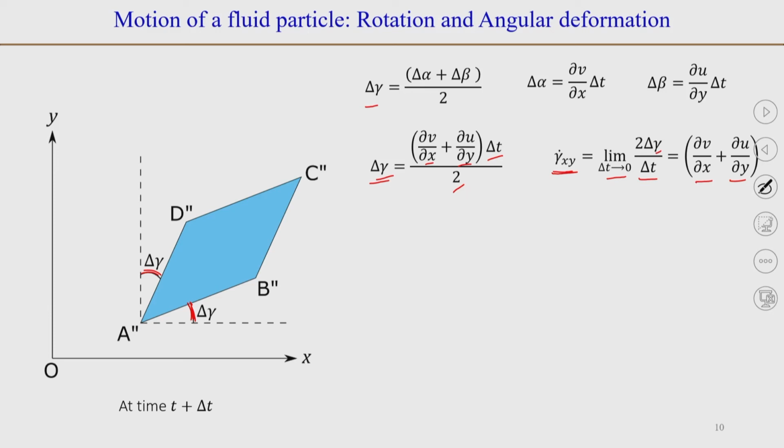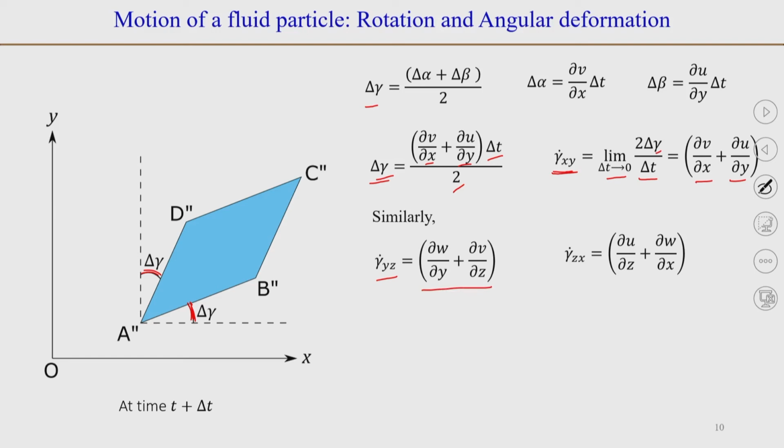Similarly, we can obtain the angular deformation in the yz and zx planes. So, gamma dot yz, the rate of angular deformation in the yz plane, will be equal to dou w by dou y plus dou v by dou z, and gamma dot zx is equal to dou u by dou z plus dou w by dou x.